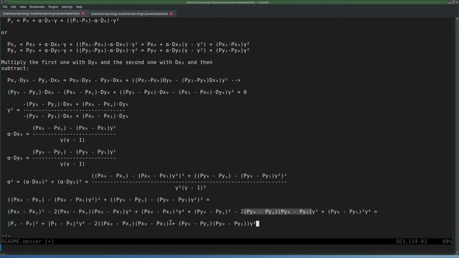Which is again a dot product. Not really sure how useful it is to write it like this, but yeah.